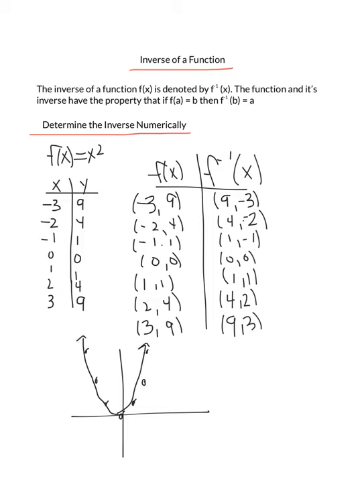Now, if I were to go ahead and plot my f inverse x, I would have the point 9, -3, 4, -2, 1, -1, 0, 0, 1, 1, 4, 2, and 9, 3.